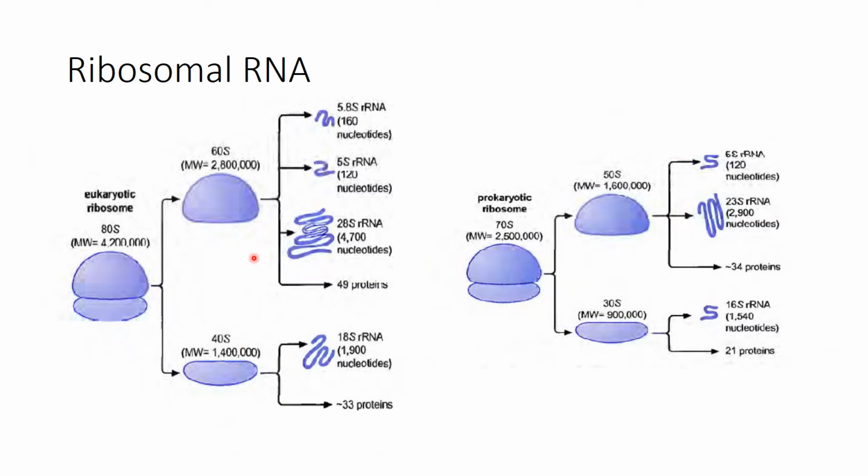Okay, now the 60S subunit was further studied in detail, and it was found that it contains several varieties of ribosomal RNAs, that is 5.8S, 5S, and 28S, with 49 proteins in combination with all these RNAs.